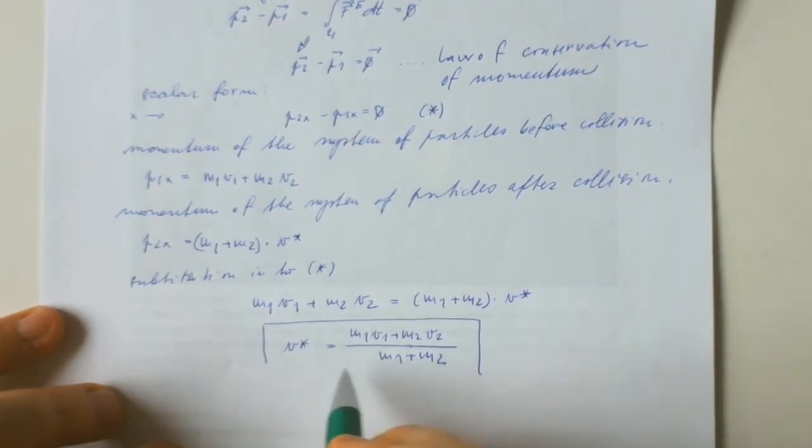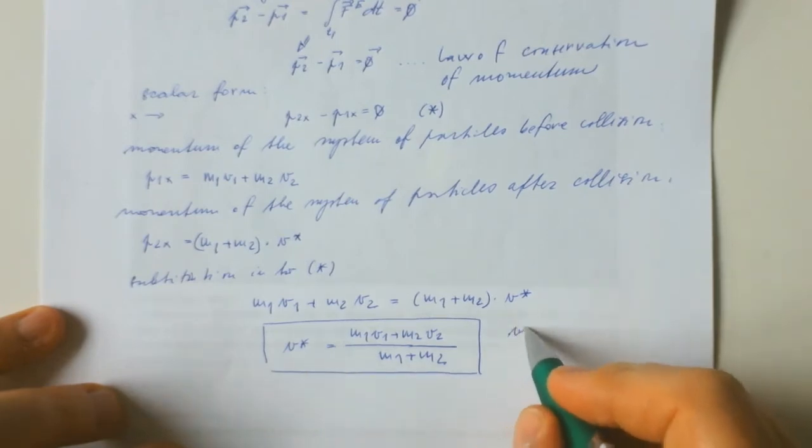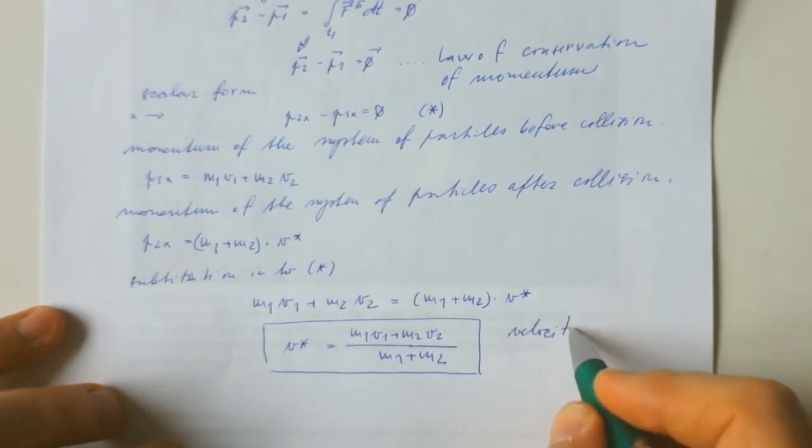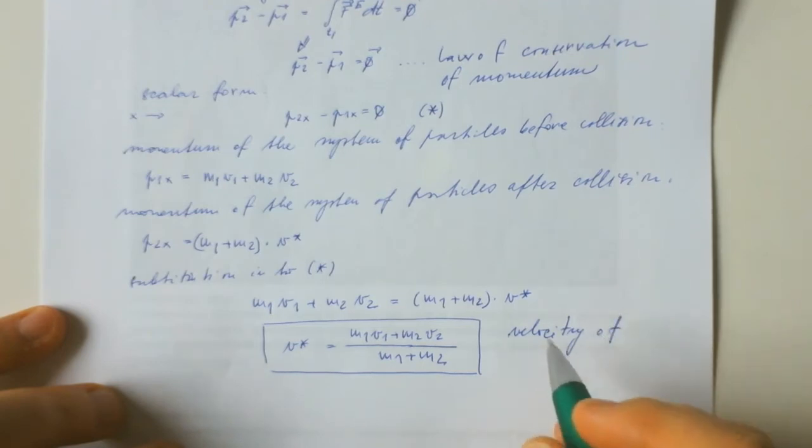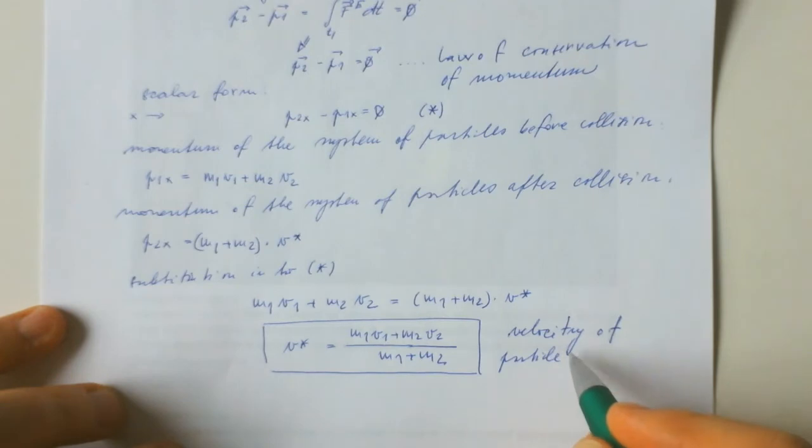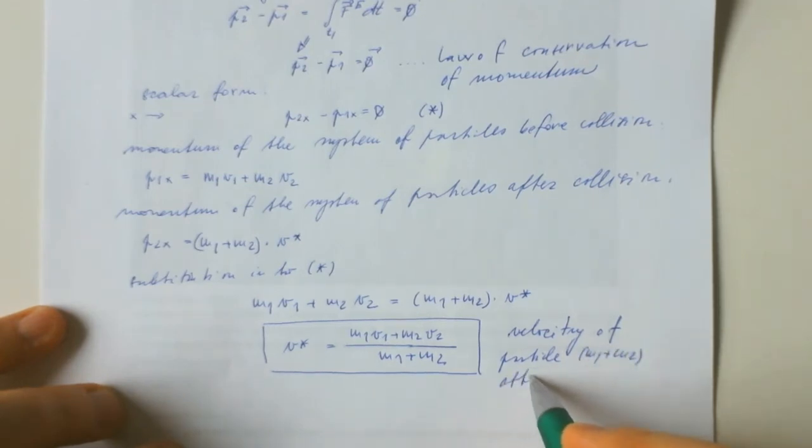So this is the velocity of the particle m1 plus m2 after collision.